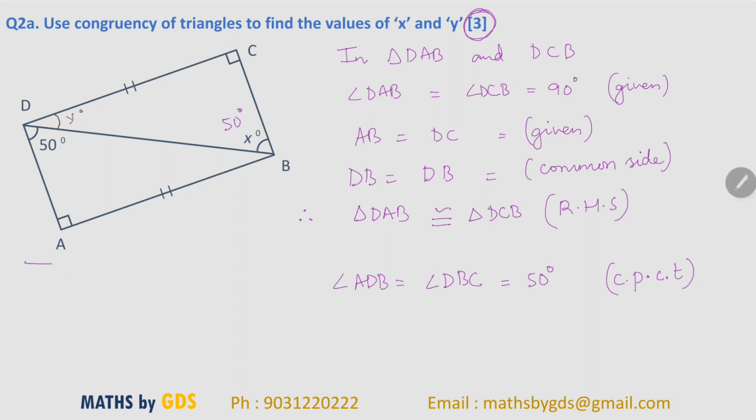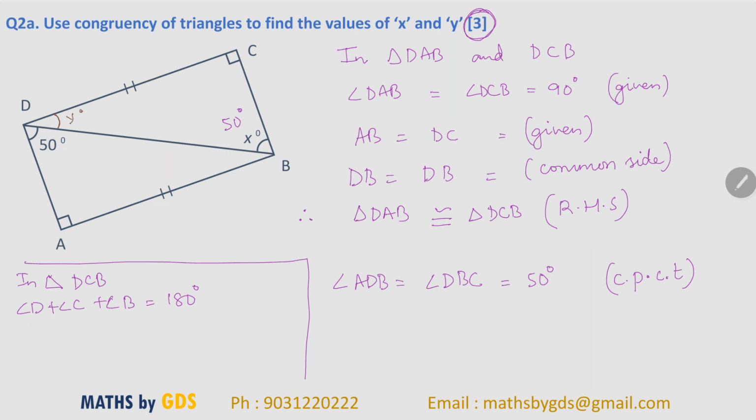That's quite simple. In triangle DCB, angle D plus angle C plus angle B should be equal to 180 degrees.